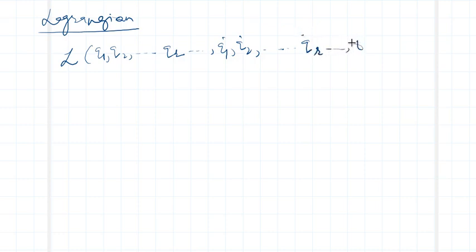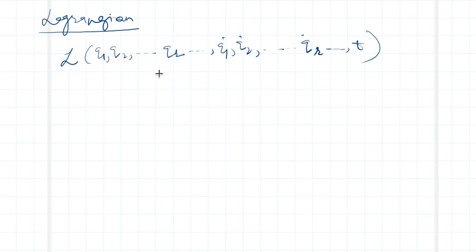So for this, let us consider a Lagrangian. Say L is the Lagrangian, and it is generally denoted by q1, q2, and so on, qr, and so on, then q1 dot, q2 dot, and so on, qr dot, comma t.